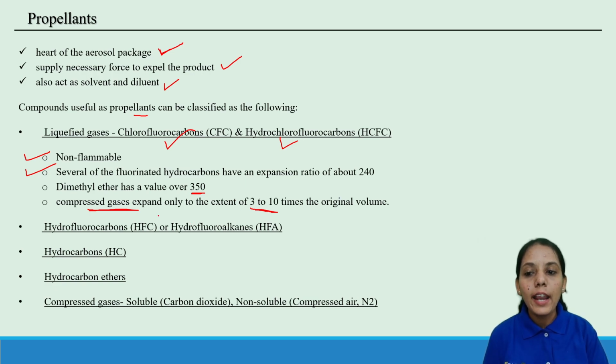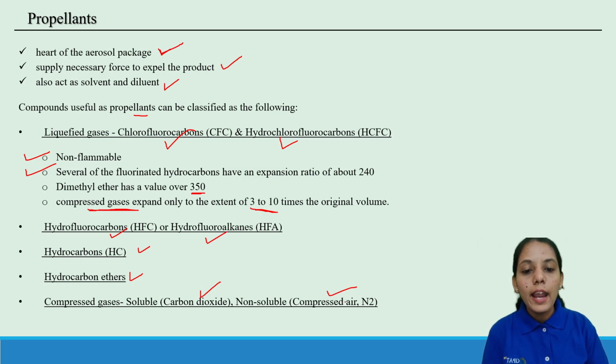Next type is hydrofluorocarbon, HFC, and hydrofluoroalkane, that is HFA. Hydrocarbon ethers. Now what are the examples of compressed gases? So soluble is carbon dioxide, and non-soluble compressed gases are compressed air and nitrogen. Remember this one, carbon dioxide is soluble and compressed air and nitrogen are non-soluble.